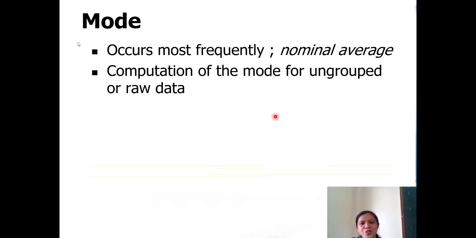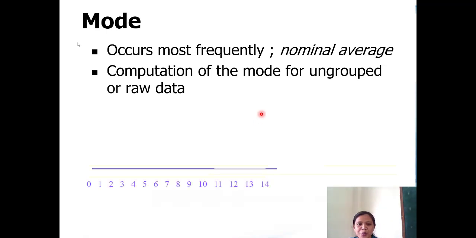The mode occurs most frequently, a nominal average, and we're going now to compute the mode of ungrouped data. Let us consider this diagram.